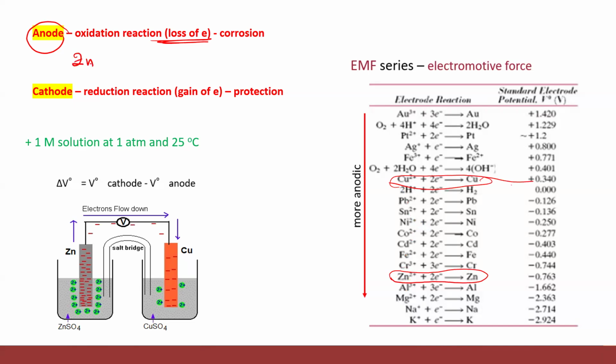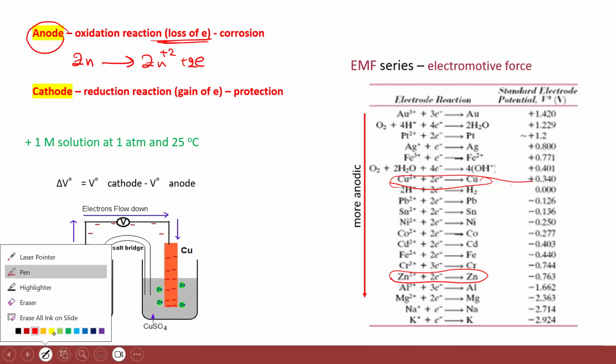What is happening in the anode? The anode is losing electrons. So zinc is losing 2 electrons and becoming zinc ion, Zn2+. That we call the oxidation reaction. Are we all good? So what do we have in the cathode? The cathode is gaining electrons.